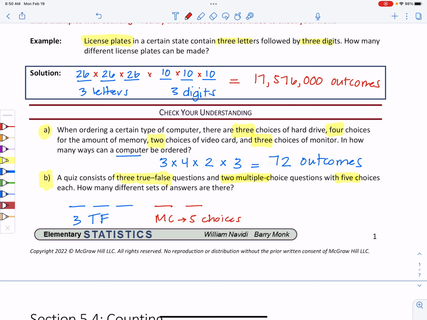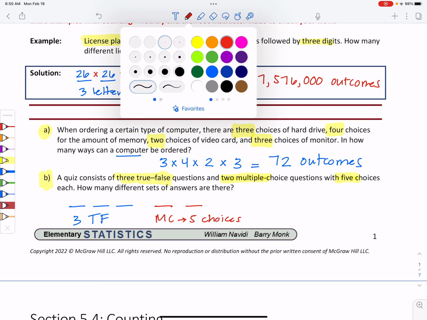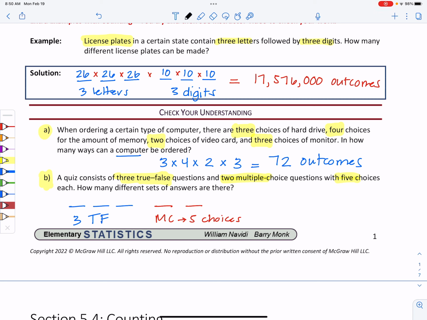And then if I count the number of outcomes, true-false questions have 2 possibilities, true or false. So each true-false question is going to have 2 individual outcomes. The multiple choice questions, we're told, have 5 choices, so each of those will have 5 total outcomes.